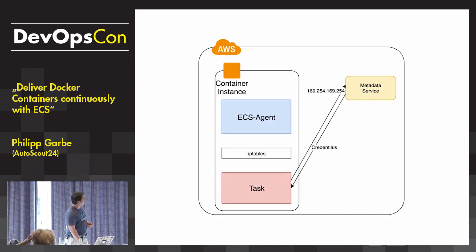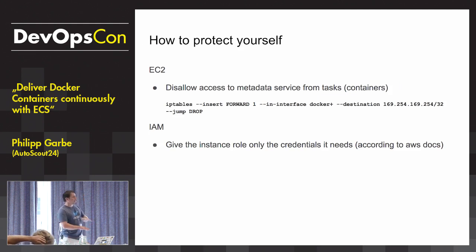We talked to the AWS guys, and they updated the documentation with a warning. What they said is that you can change your IP tables and not allow the containers to talk to the metadata service anymore. That can also be a disadvantage, because sometimes the application asks the metadata service for the current region or other information, and then this is not possible anymore.